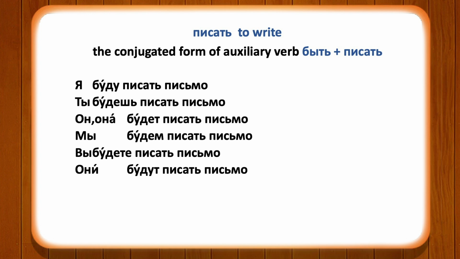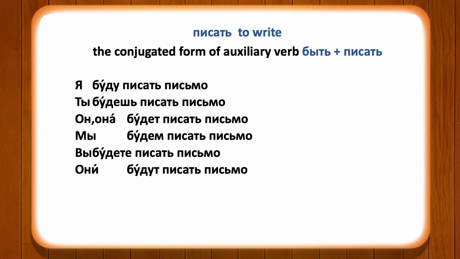Let us use the phrase писать письмо. So, I will be writing a letter or I will write a letter would be я буду писать письмо. You will be writing a letter or you will write a letter will be ты будешь писать письмо. Он будет писать письмо. It means he will be writing a letter or he will write a letter. Она будет писать письмо.